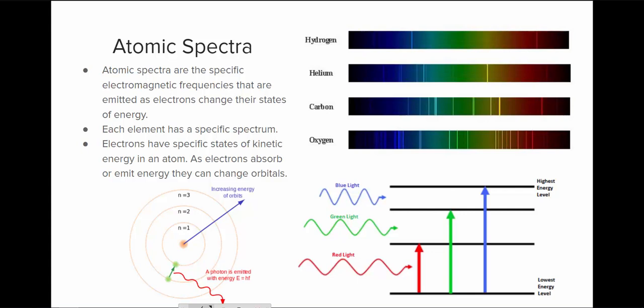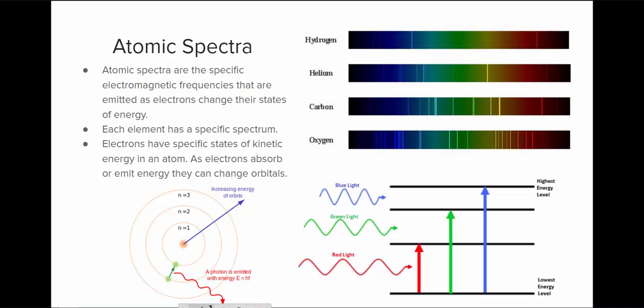Okay, so here we're talking about, if you assume that this is a proton emitter, just hydrogen. Hydrogen will have one proton and one electron. And so the electron wants to sit in its lowest orbital level, that first shell. But if a photon of a particular frequency comes in, it will jump up to a higher energy level. It will absorb that photon of light.